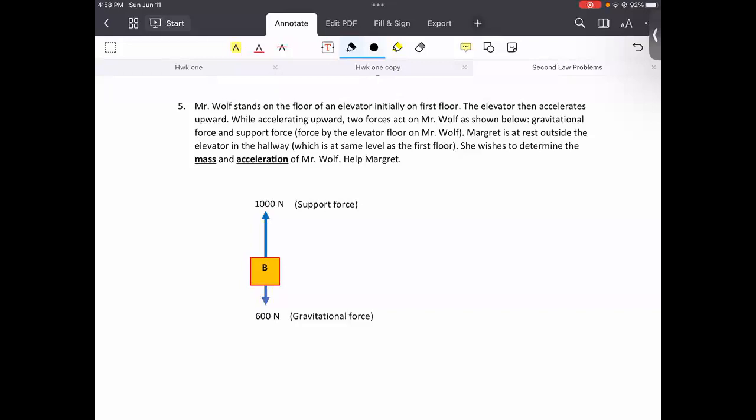We are going to start by looking at mass. The question is, if I know the gravitational force on Mr. Wolf, I can tell the mass. Just remember that the force of gravity is actually called weight in this discussion.